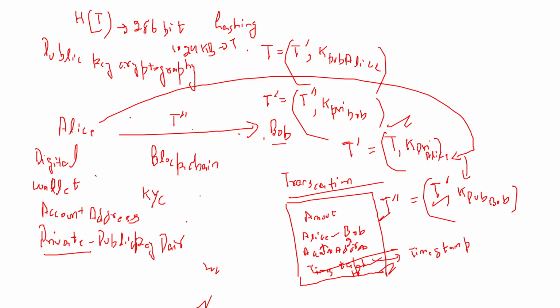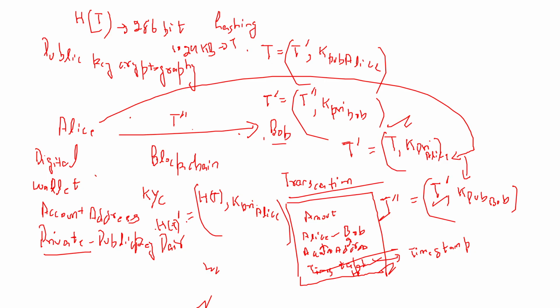So Alice takes the hash value of the transaction and encrypts it with her private key, not the transaction itself. What we get is the encrypted hash value of the transaction.